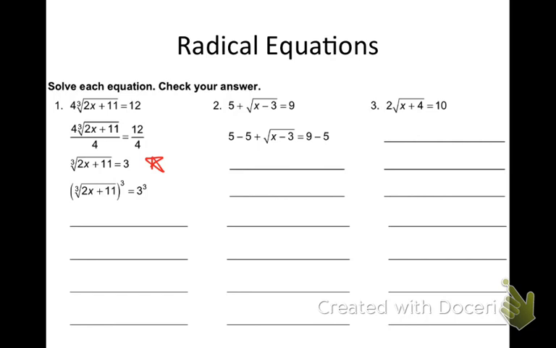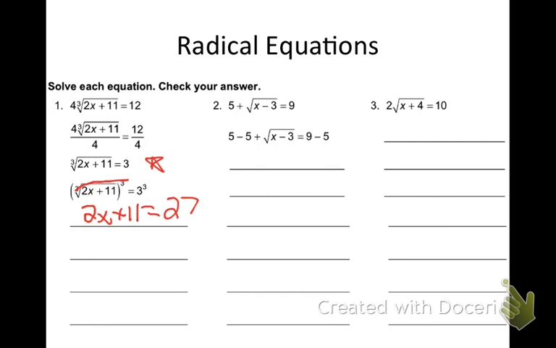Now, what do you notice? It was a cube root. So now they didn't square both sides, they cubed both sides. Everybody see that? They took both sides to the third power. Taking both sides to the third power undoes my cube, leaving me with 2x plus 11 equals 3 to the third, Jesse? 27. So I have 2x plus 11 equals 27.